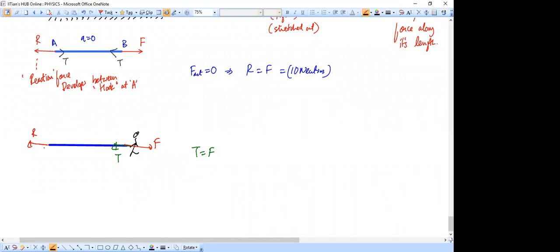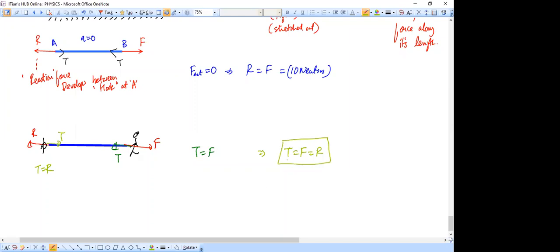So the hook itself on the wall experiences an equal and opposite force of tension, like this. So this T is equal to R. So T is equal to F, which is equal to R.